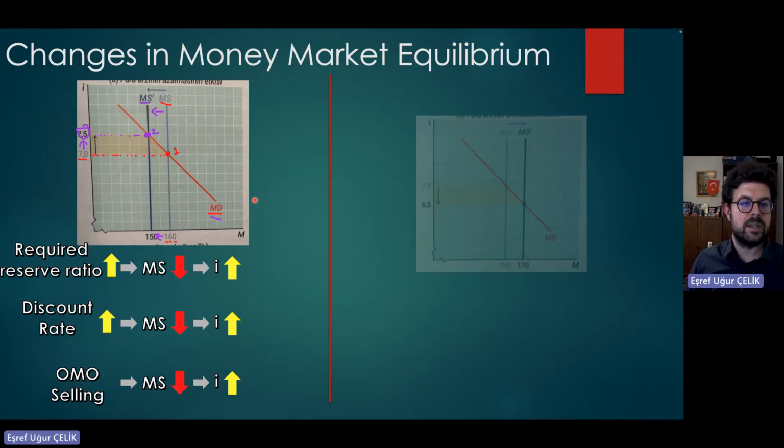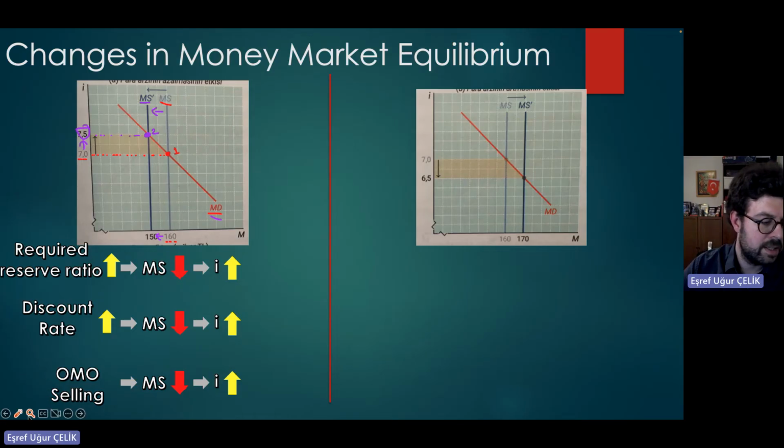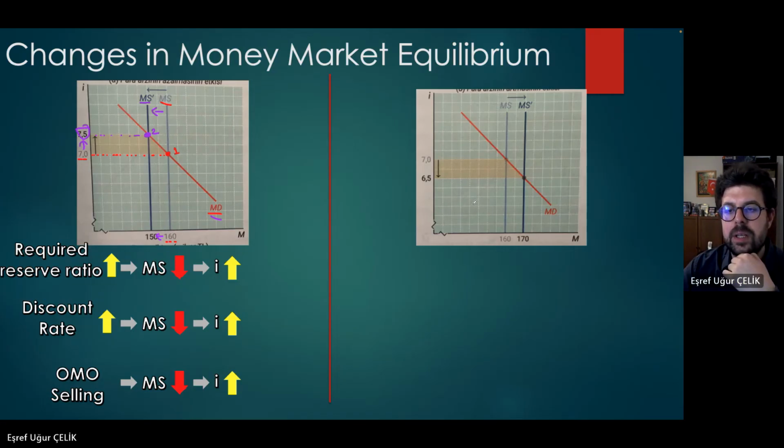What about the other part? If the money supply becomes higher, that means it shifts to the right. Let's do it again. Where is our first equilibrium point? MS and MD. This is our first equilibrium point.